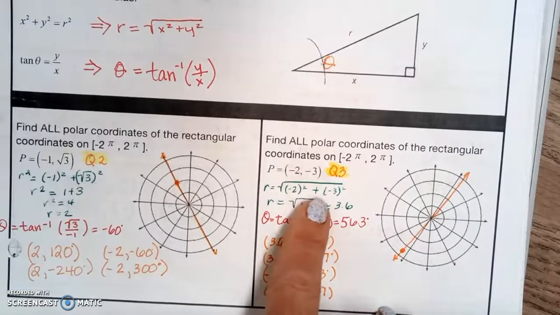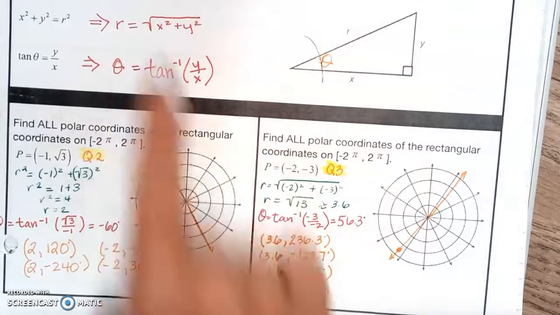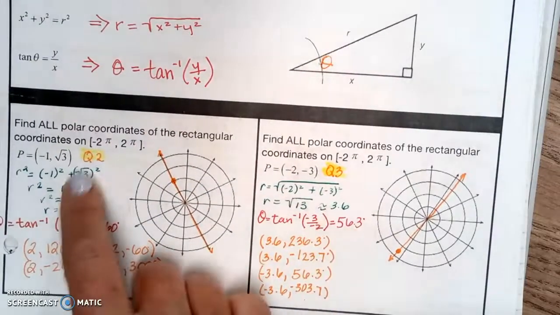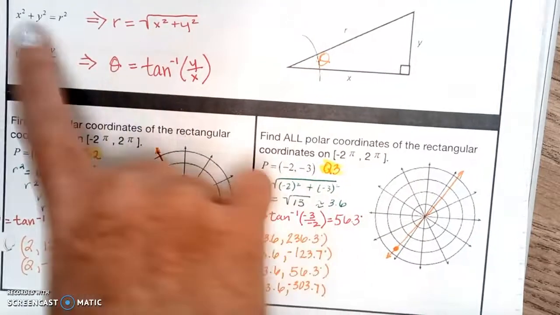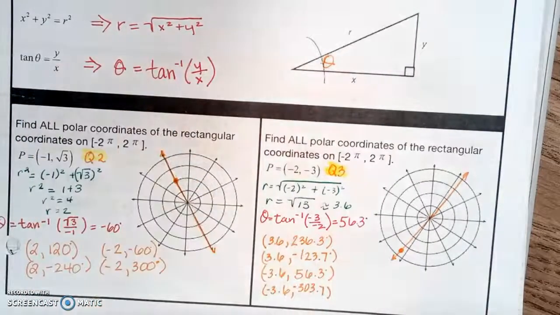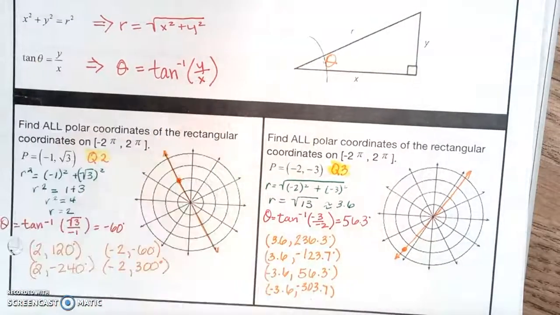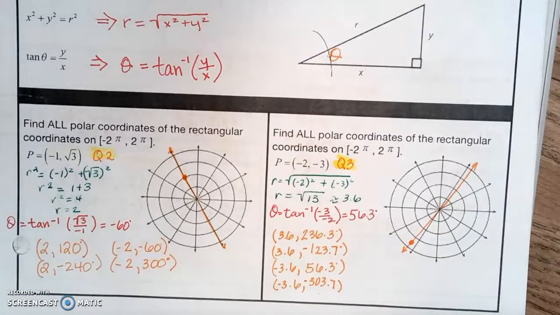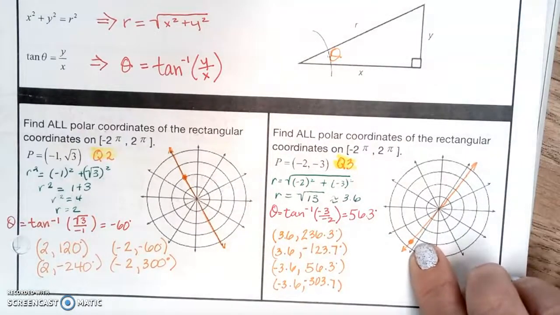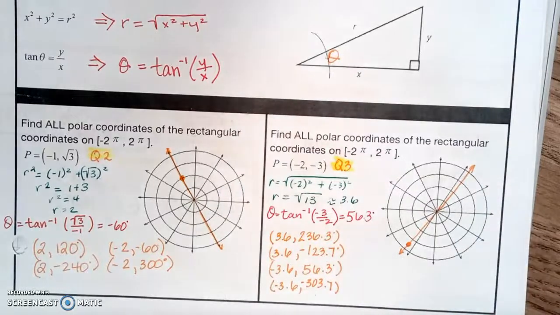So you can see that using this second formula is a little less work than using the first formula. So that's why I just kind of said, ignore this one, go straight for that one. And then ignore this one, go straight for that one. So you calculate the radius to be 3.6, which is the first time you've kind of seen it not on a whole number, but it's fine.